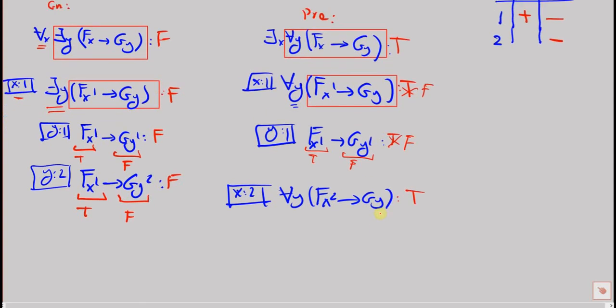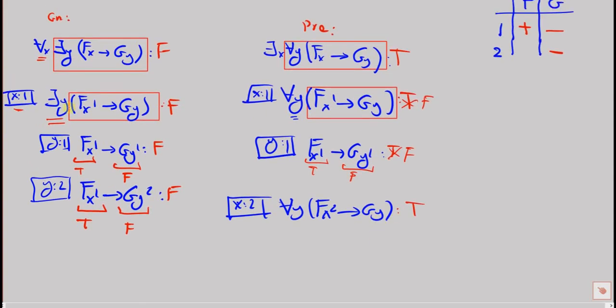Okay, now what we have here is a universal, for all y, and to make it true, we need to make sure that the thing in the box here is true for every value of y. Okay, so let's start with y1. We need to make sure that this is true for y1.